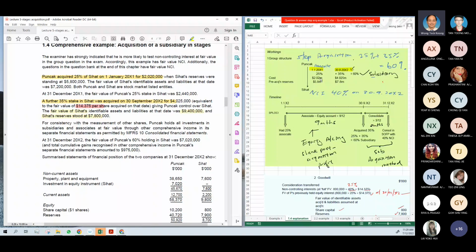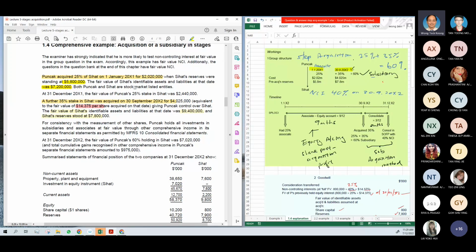This will help you compute the post-acquisition profit. Any profit after 1st January X1 made by Sehat, you can share 25%. So this means equity accounting. The fair value of Sehat's identified assets and liabilities, net assets, is 7.2. When you compare the net assets in future, the difference will be post-acquisition, so you can share 25%.